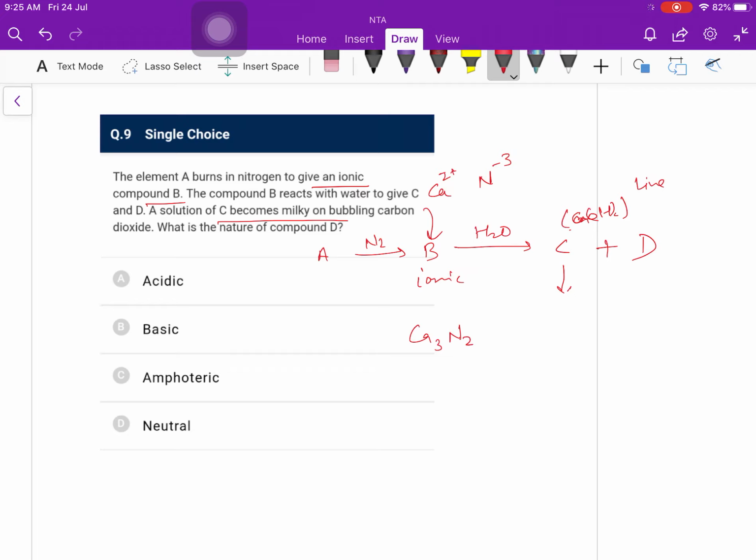So this is the ionic compound. When this reacts with H2O, it will produce Ca(OH)2 and also NH3. The question asks about the nature of compound D. NH3 is basic, so the nature of compound D will be basic.